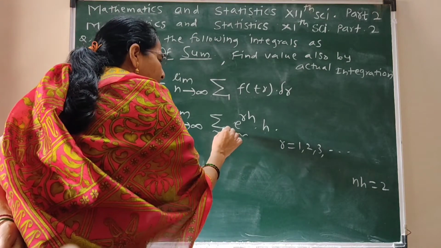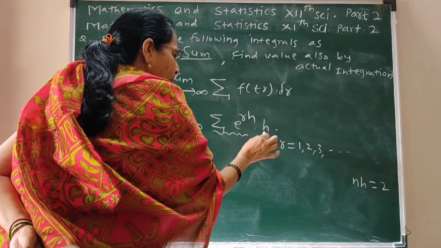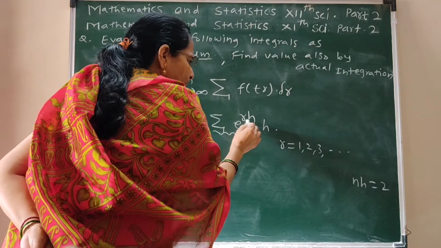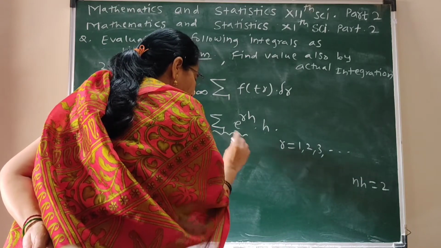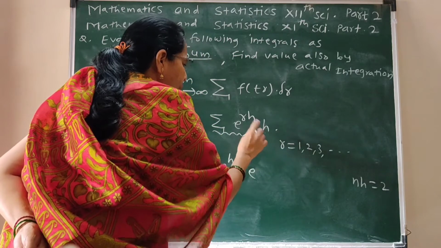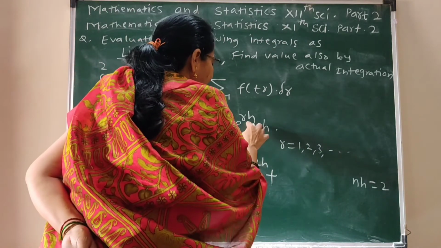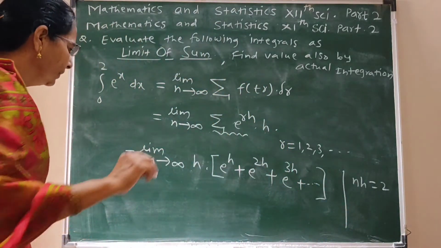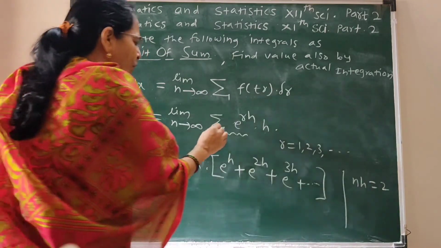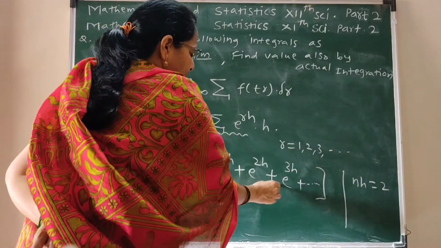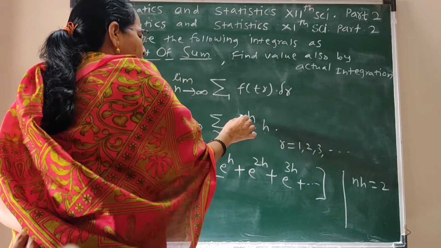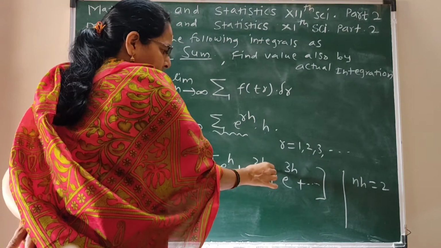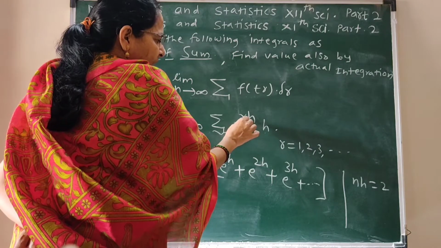So h outside, and in the bracket e raised to r equal to 1 into h, that is h, plus e raised to r equal to 2h, plus r equal to 3h, in this way.